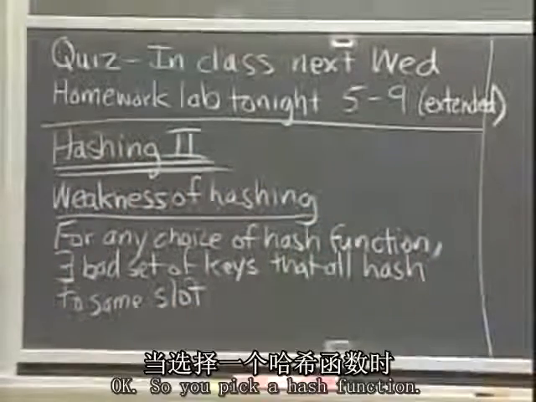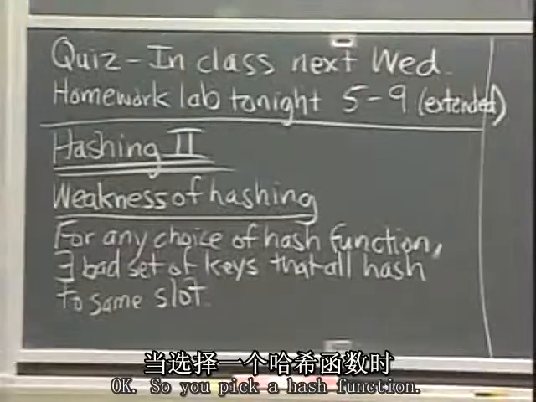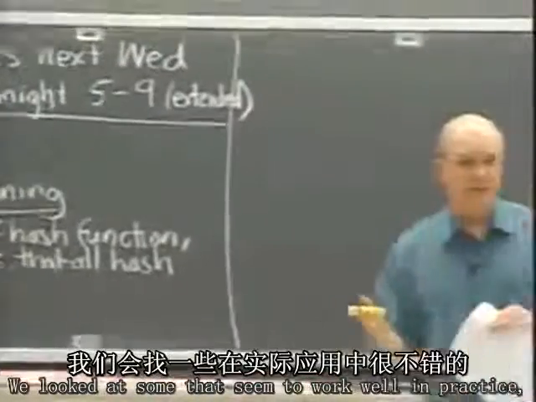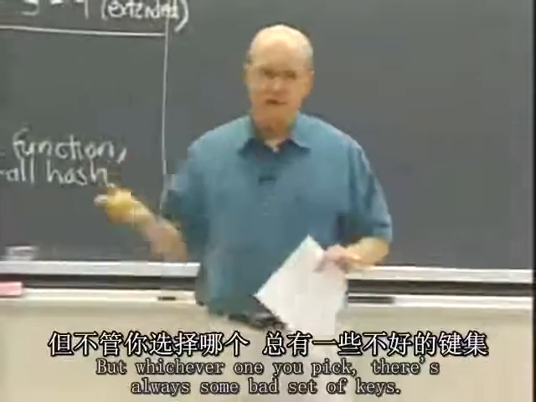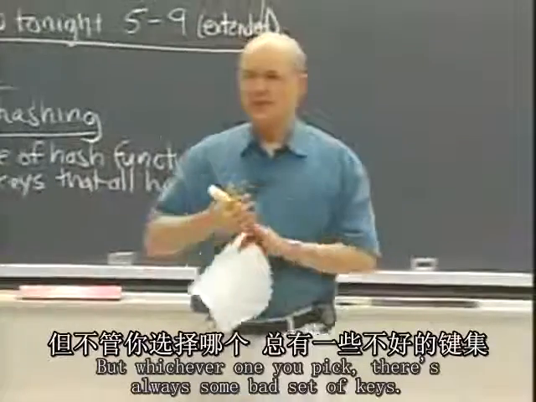So you pick a hash function. We looked at some that seem to work well in practice that are easier to put into your code. But whichever one you pick, there's always some bad set of keys.